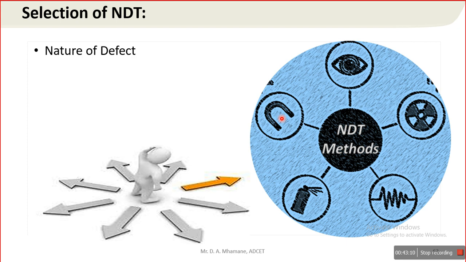Selection of NDT. How can we select the NDT method for a particular component? It depends on the nature of the defect, which type of defect is there, or if it is a predicted defect. Nature of material: as we already discussed, radiography can be used for any type of material, but if you want to apply eddy current testing or magnetic particle testing, then a particular type of material should be there.